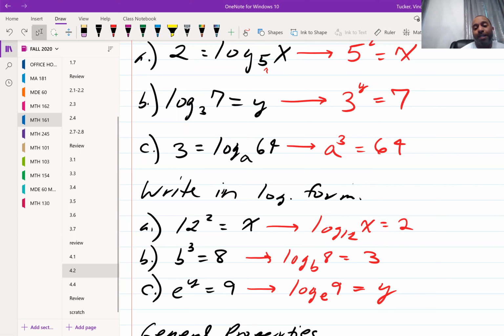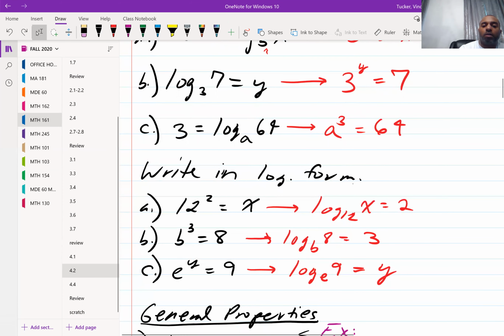It's going to be log base e of 9 equal to y. Any questions?